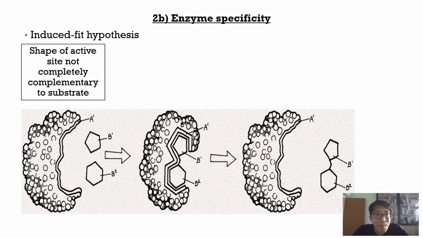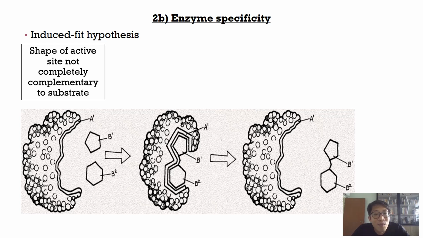It's not completely complementary, but it doesn't mean that it is totally not complementary. There is still some form of complementariness between the substrate and the enzyme, just not complete in the beginning.